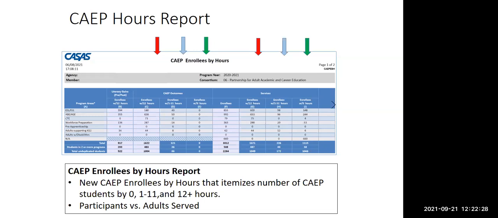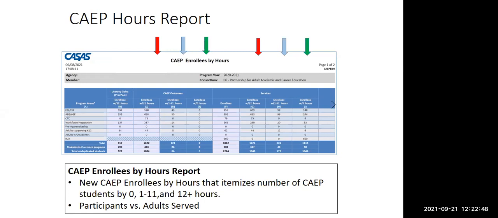So you've got the participants versus adult served versus services only. You can see here, it gives those buckets 12 or more hours, 1 to 11 and 0. It seems kind of innocuous, but it is a way in which CAEP is looking at goal setting.